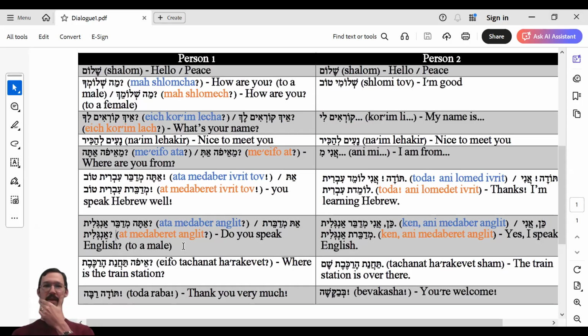Say that again? איפה תחנת הרכבת? תחנת הרכבת שם. תודה רבה. בבקשה.